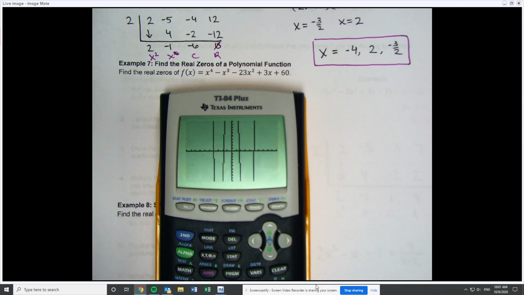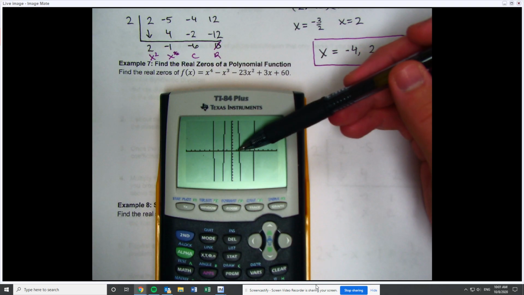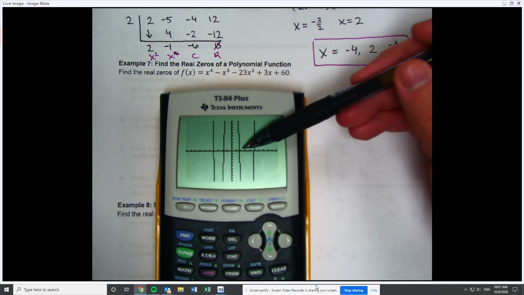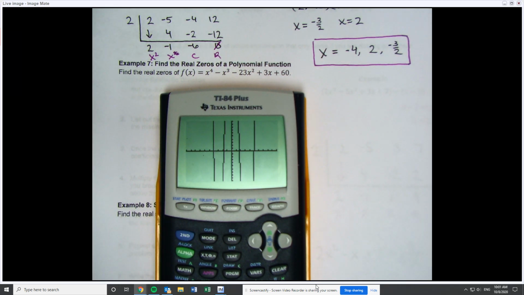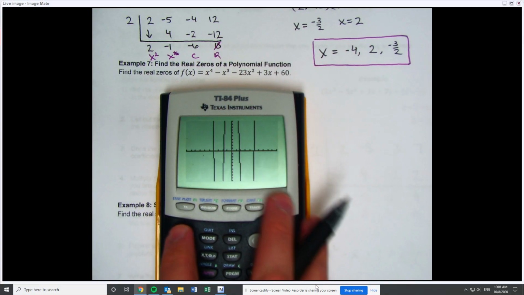So that means I will guarantee to have 4 real zeros. This one looks like it's around 1, 2, -4. This one looks a little off. It looks close to -2, so we can check it. This one looks close to 2, so we can check that. And this one looks like it's around 1, 2, 3, 4, 5. So my guesses are -4, -2, 2, and 5.